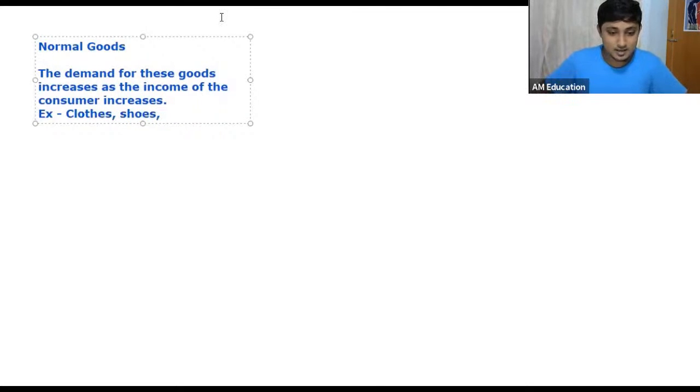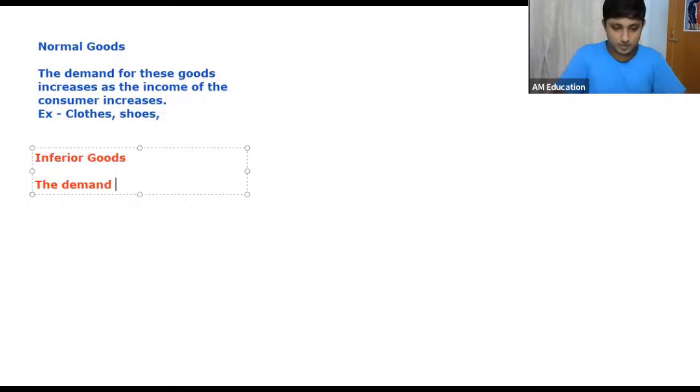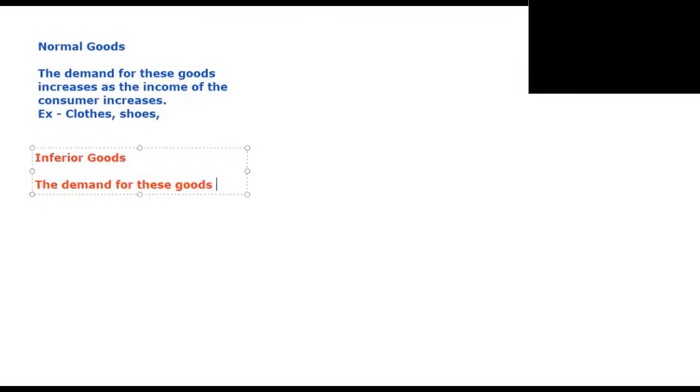And what is the other thing? Inferior goods. What are inferior goods? The demand for these goods decreases as the income of the consumer increases. Right? The demand for these goods increases, is it?